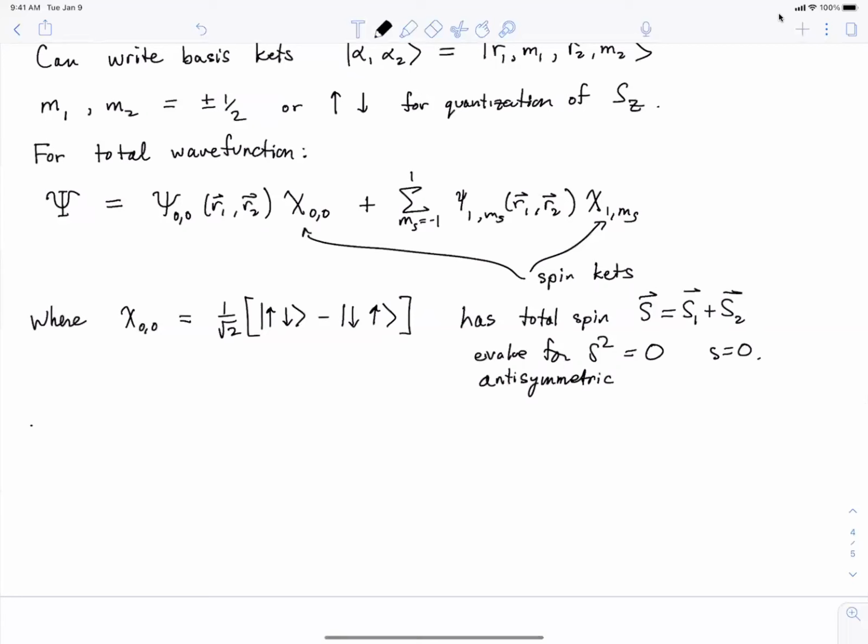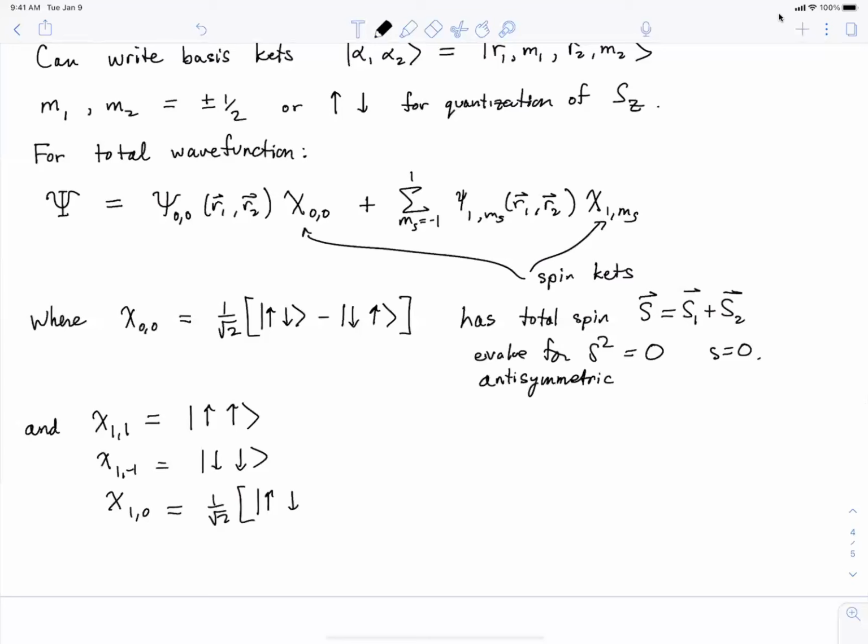Okay, and then the other chi's are just what you get by adding angular momentum. So the 1, 1 is when they're both pointing up. And the 1, minus 1 is when they're both pointing down. And the 1, 0 is the combination that has total spin projected onto the z-axis 0, but total angular momentum 1.